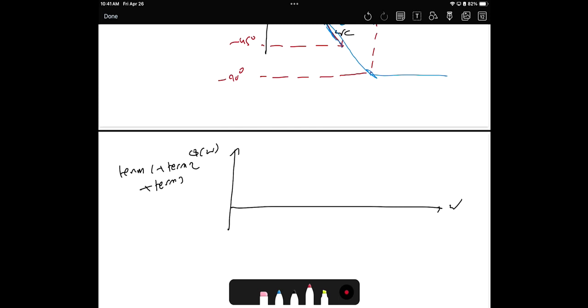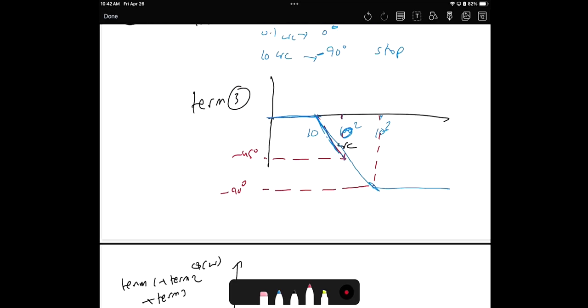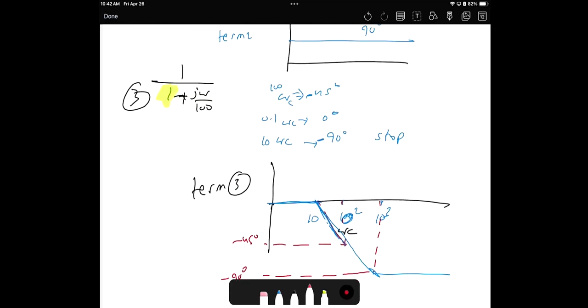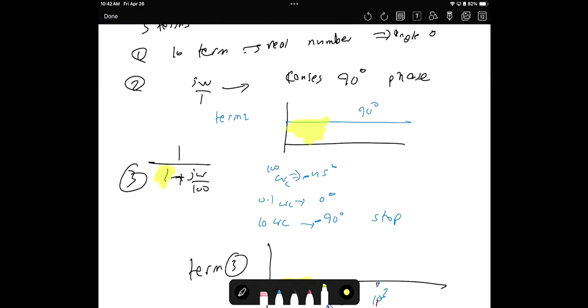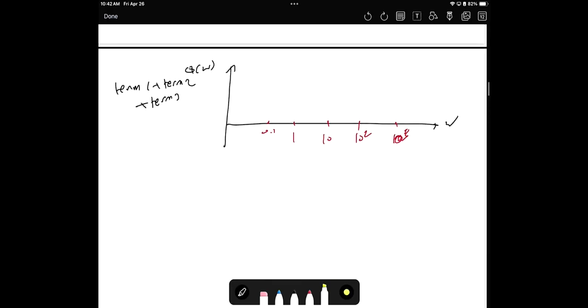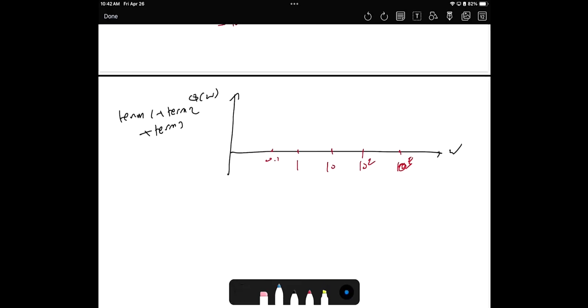I can write the decades here first, like we have 0.1, 1, 10, 10 power 2, 10 power 3, and so on. So before 10, this one was 0, this one is 90 degrees, the other one was 0. So it will be 90 degrees before 10, positive 90 degrees, until reaching the point.